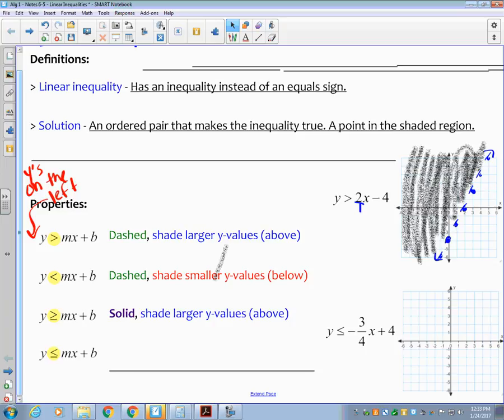If I have a line in my inequality, it means I have a line on my graph. If there's no line on the inequality, it's a dashed line on my graph. And then when you're greater than, you shade above. When you're less than, you shade below.